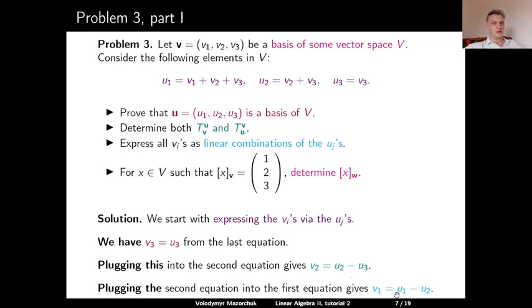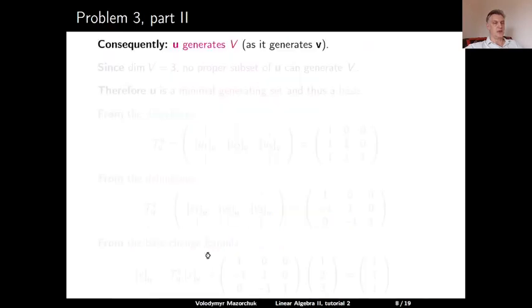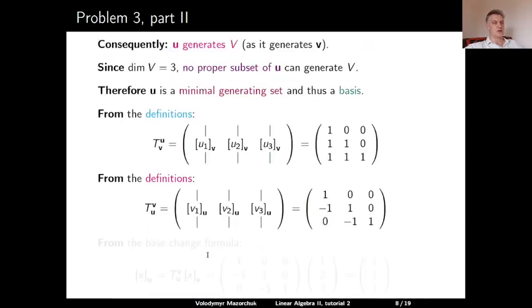V1 has coordinates 1, minus 1, 0. V2 has coordinates 0, 1, minus 1. And V3 has coordinates 0, 0, 1. So now we collect these as columns into the matrix and get that T from U to V is the matrix which we read column-wise: 1, minus 1, 0, 0, 1, minus 1, 0, 0, 1.